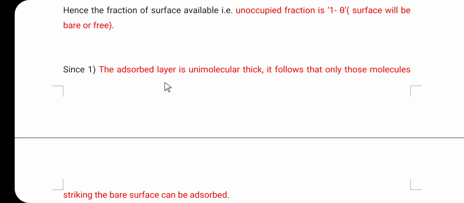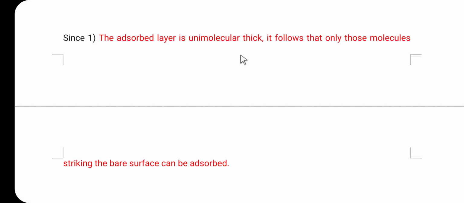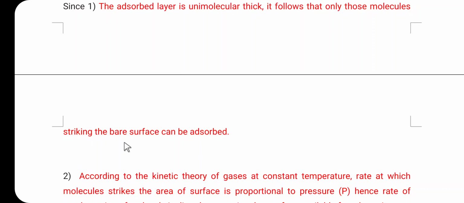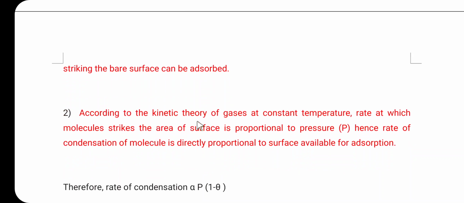Since the adsorbed layer is unimolecular thick, only those molecules striking the bare surface can be adsorbed. Number 2: according to the kinetic theory of gases, at constant temperature, the rate at which molecules strike the area of the surface is proportional to the pressure P. This is very important.